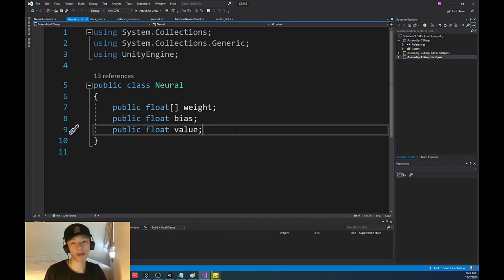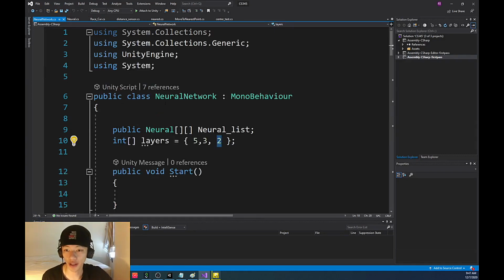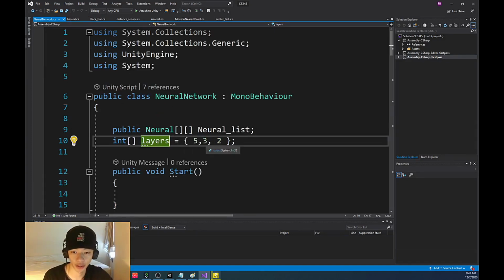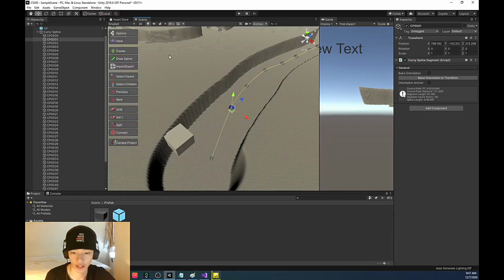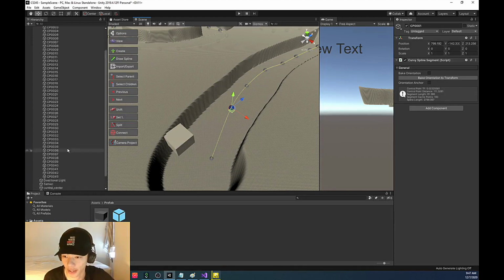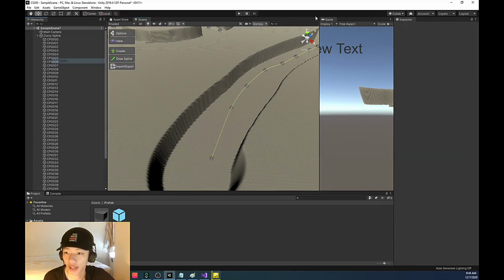Then if we combine these neurals together, we get a neural network. For example, here I create a neural network with 3 layers which has 5 inputs and 2 outputs. The 2 outputs are the direction and the speed of our car, and the 5 inputs are the sensors in my car. For example, here, run the game.